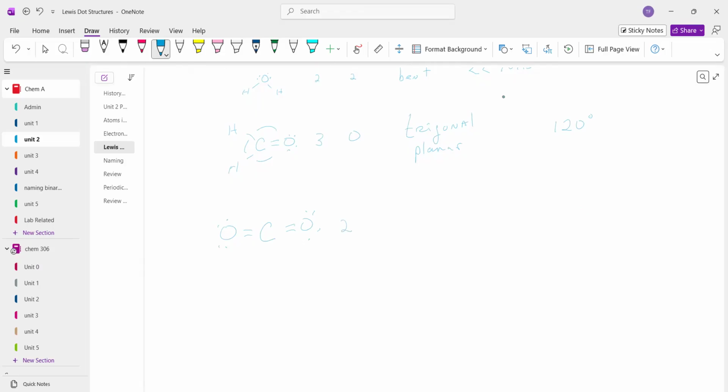How many non-bonds? None. In that carbon, there are no unbonded pairs. Okay, and that's called linear. And the angle is 180.